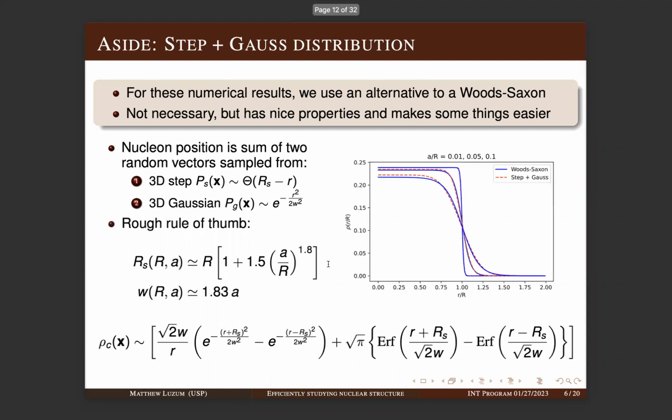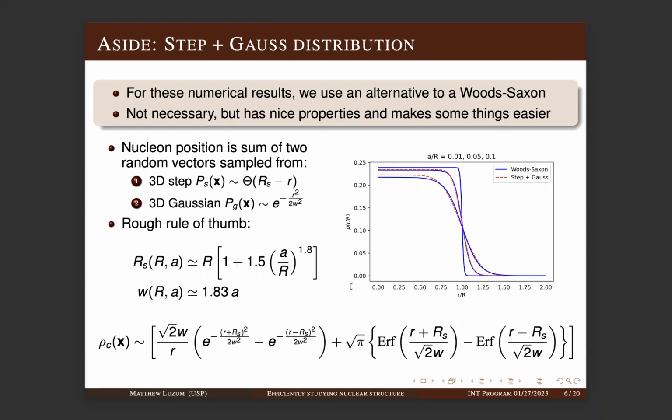So we use this as an approximation to a Wood-Saxon in our simulations. It's also a two-parameter distribution, and we choose the two parameters by minimizing the relative entropy between the Wood-Saxon you want and this actual distribution, which you can see does a pretty reasonable job of mimicking a Wood-Saxon.